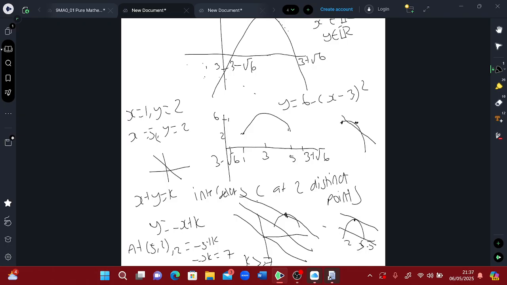So even if we go down to certain values of k, if we shift the line down instead of up, there'll also be places where the line x plus y equals k would not cross the curve at all. But notice if we go down here, and then shift it up by some values of k, eventually it will start crossing that curve.